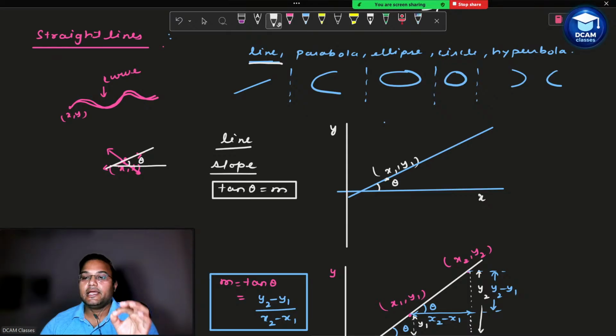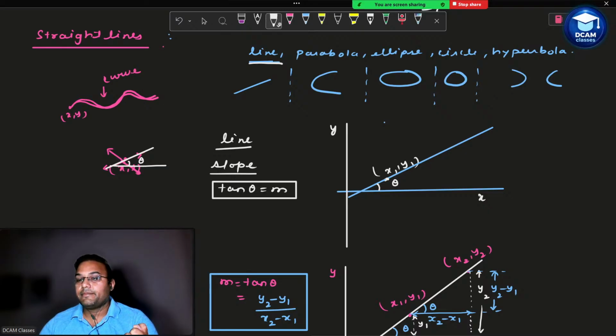So to define a line, we need two things. One is a point which will be moving, and the other is the angle. Correct? Yeah. And in straight lines, the tangent of this angle, tan theta, is called the slope of the line.